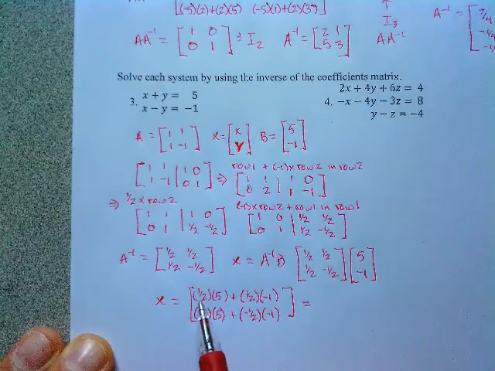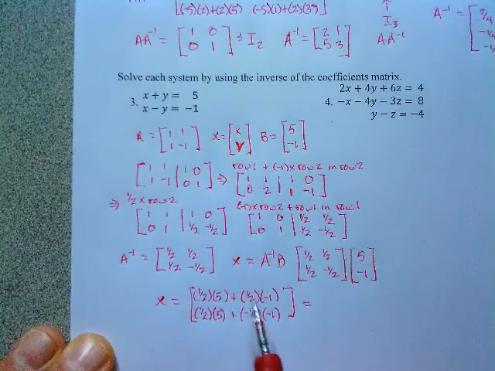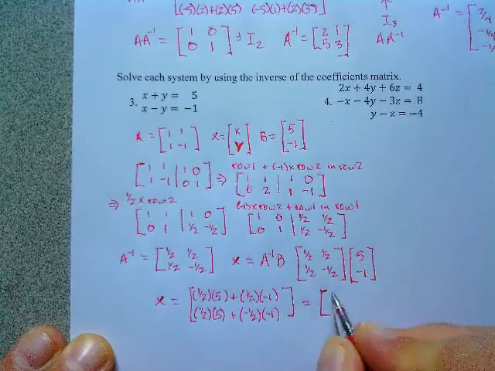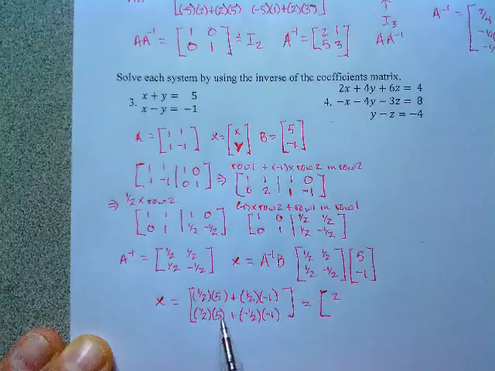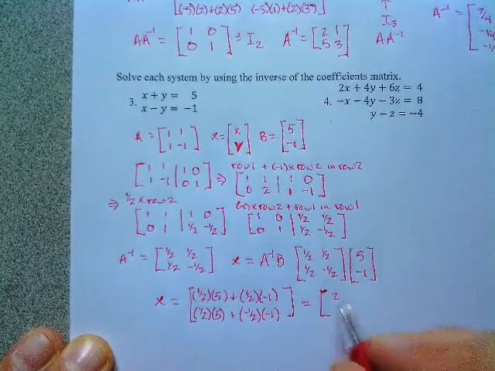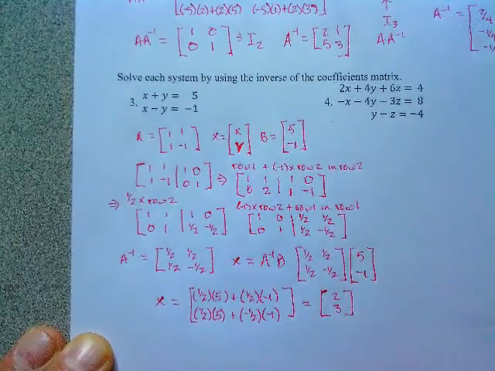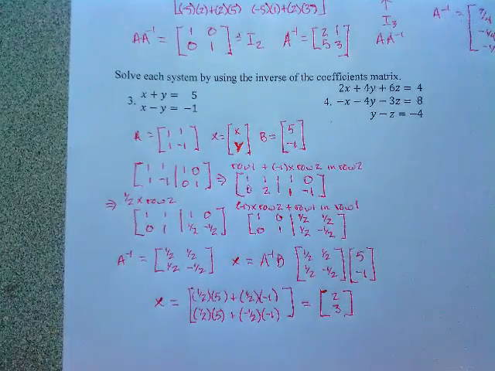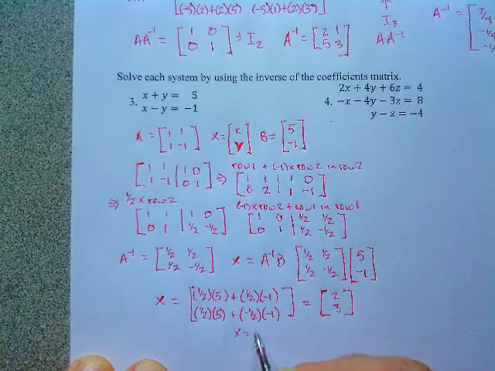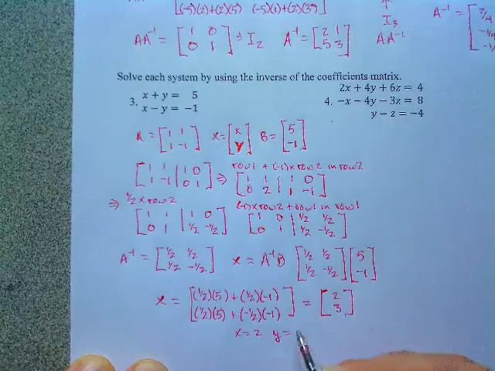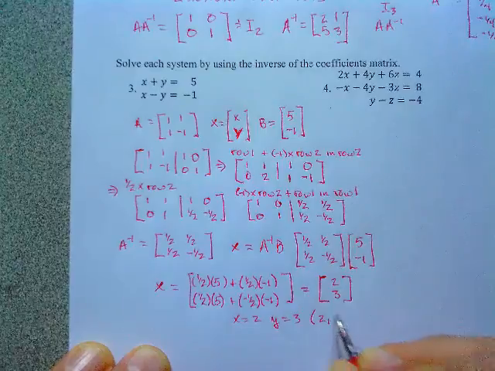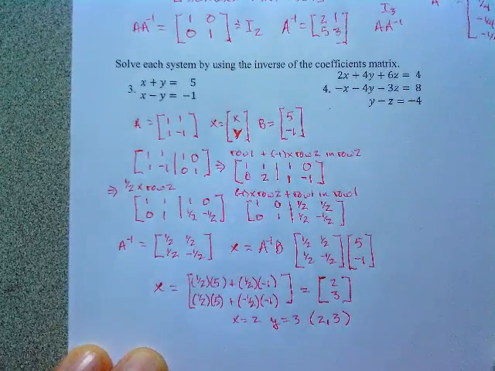So that's going to give me 5/2 minus 1/2, so that's 4/2, which is 2. And this will give me 5/2 plus 1/2, which is 6/2, which is 3. And so our answer is basically x is going to equal 2 and y is going to equal 3, or 2, 3, the intersection of two lines.